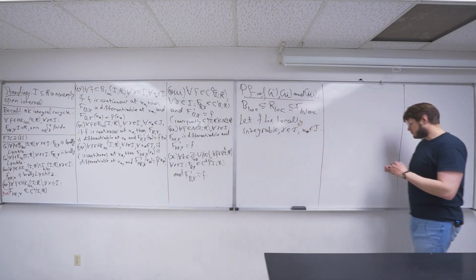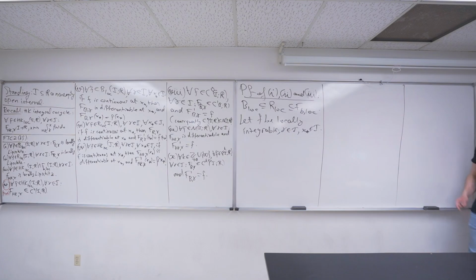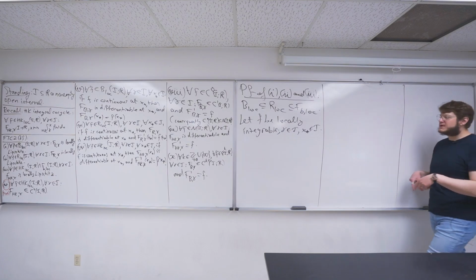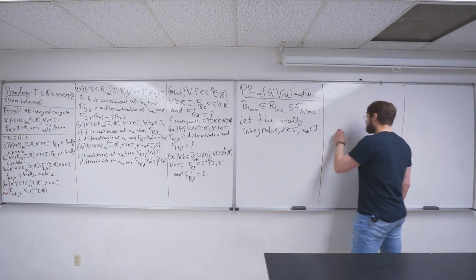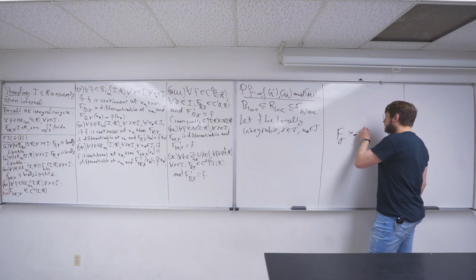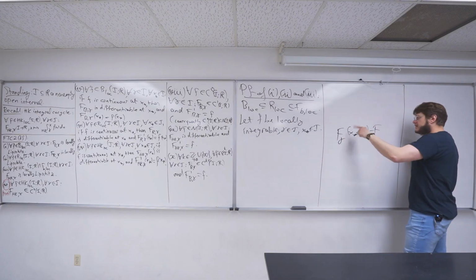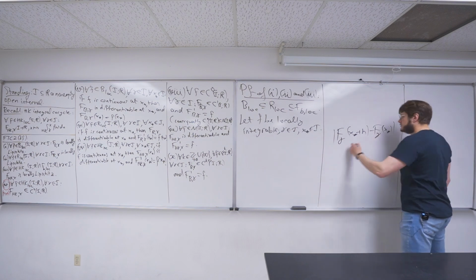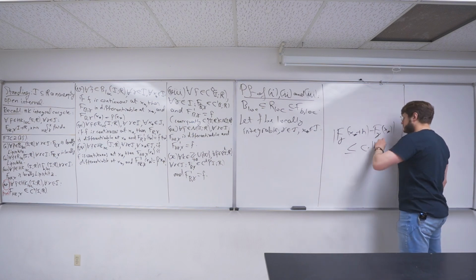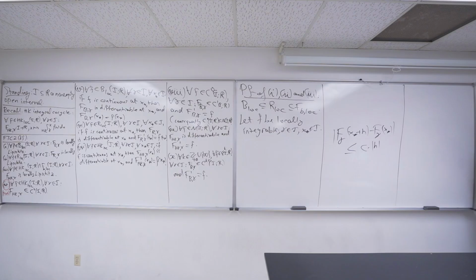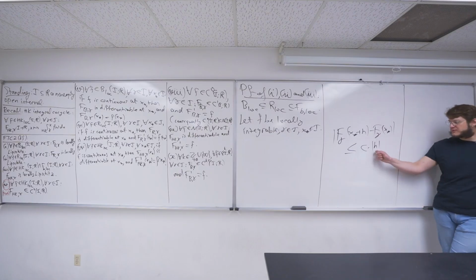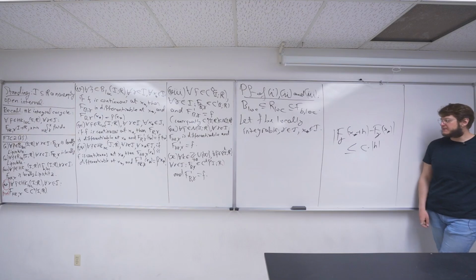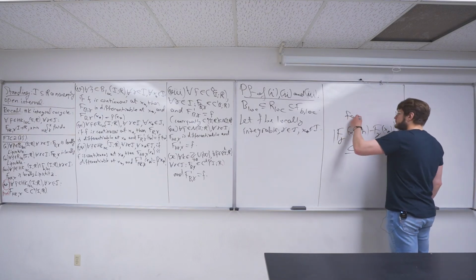So what am I trying to do? I'm trying to bound the distance between this and this. Ultimately, this is what I'm trying to get, for uppercase F to be locally Lipschitz for h small.